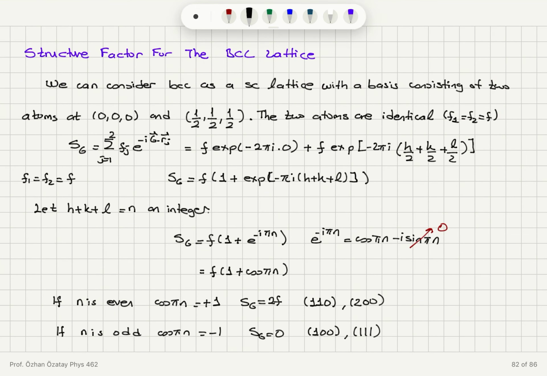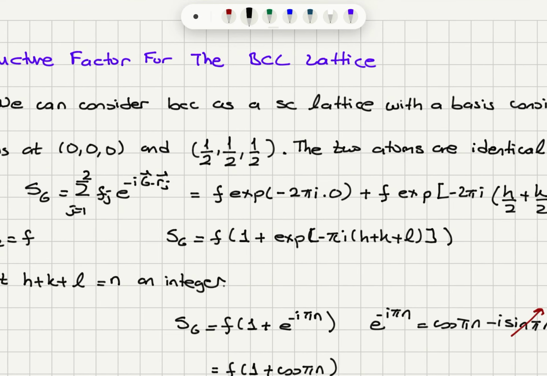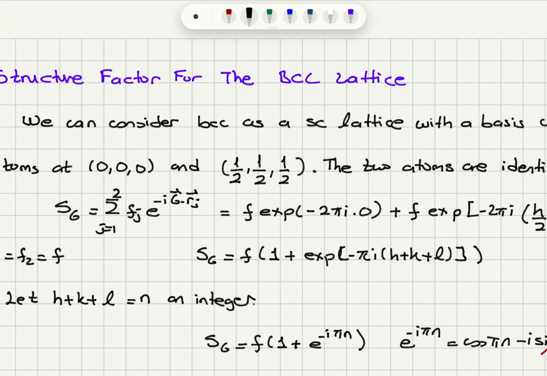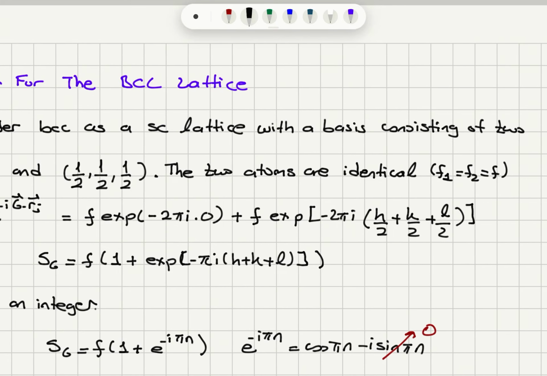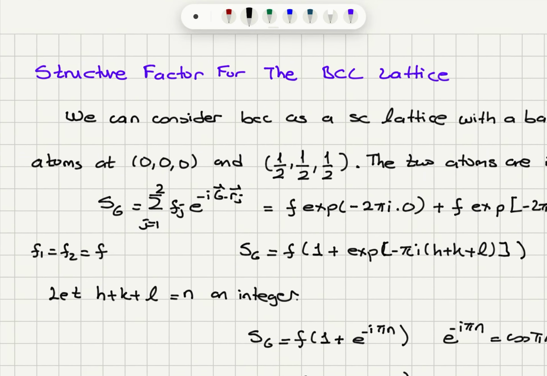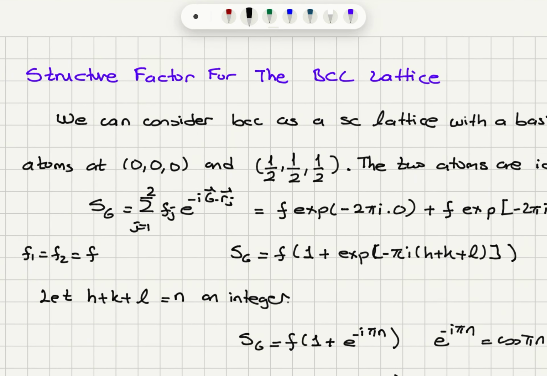Okay, so as an exercise, let's calculate the structure factor for the BCC lattice. Okay, the geometrical structure factor for the BCC lattice. Now we start with looking at the BCC lattice as a simple cubic lattice with a basis consisting of two atoms at the corner 0, 0, 0 and at the body center 1/2, 1/2, 1/2.